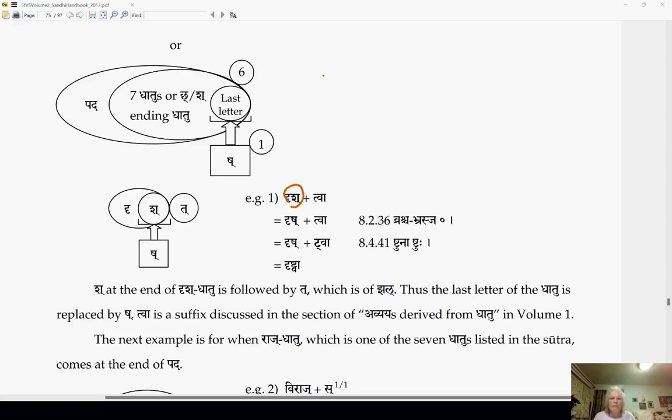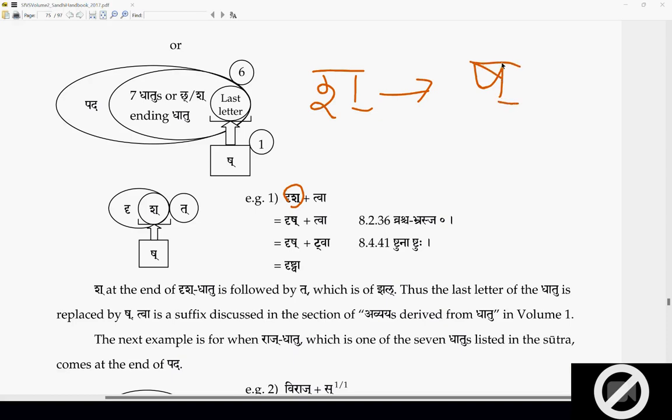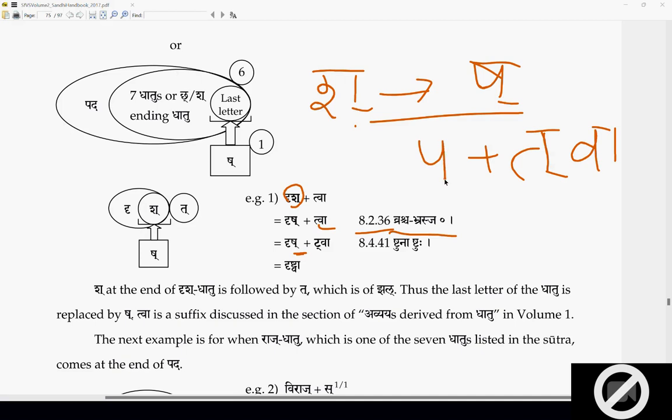The first sh is changing to sha by this vrascha, brascha, shacha, all that, 8 to 36. It changes to sh. Then what happens? This twa is there after this, right? Then this sh plus ta is there. Now ta changes to what?